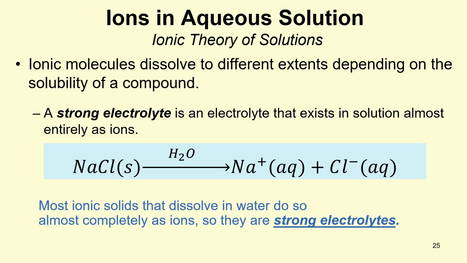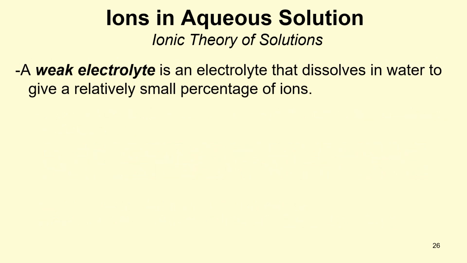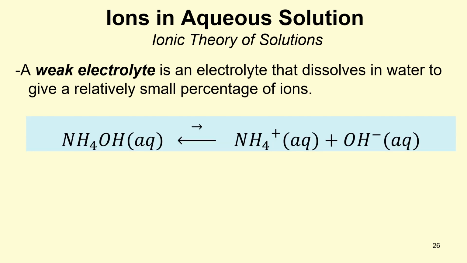However, we have some that are not. A weak electrolyte is one that dissolves in water just a very small amount. Sometimes we also call these precipitates because they're solid and they don't really dissolve. This is not a precipitate example, but NH4OH is a weak electrolyte, and sometimes you'll see it represented with a double arrow.